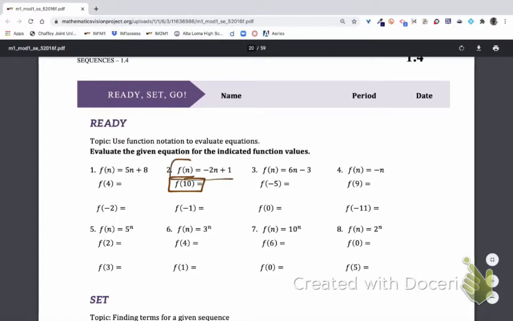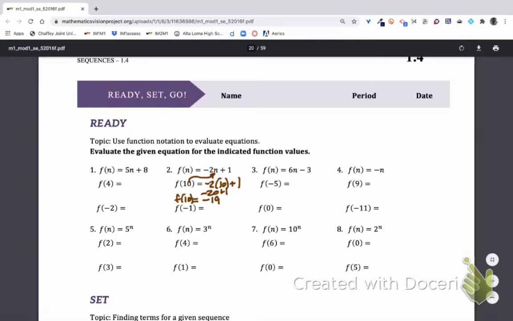So our function is up here, and we need to plug in that 10 everywhere we see an n. So we'll take -2 times 10 plus 1. Well, -2 times 10 is -20, plus 1 is -19. So f of 10 equals -19.